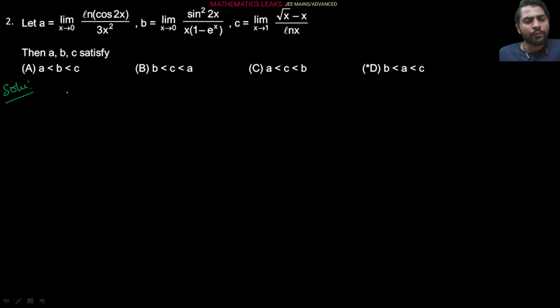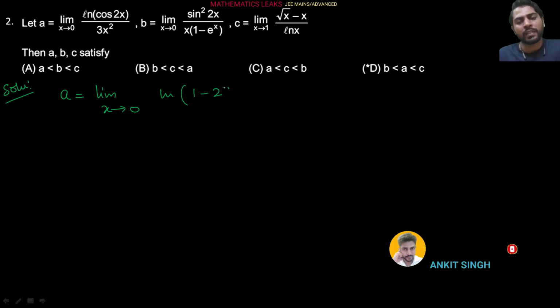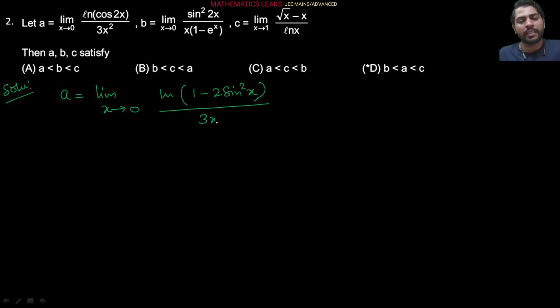So if we are going to observe, limit x tends to 0, ln of cos 2x upon 3x square it is given here. So we can write down this one as ln of cos 2x. We can write down 1 minus of 2 sin square x, right, upon 3x square it is written here, correct?